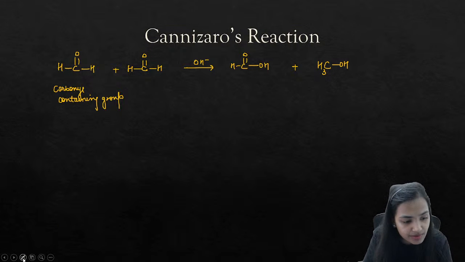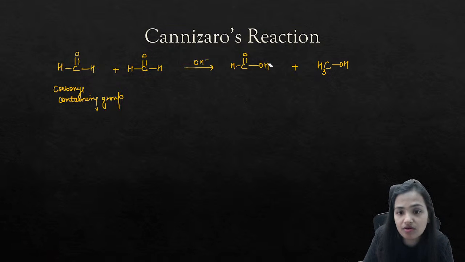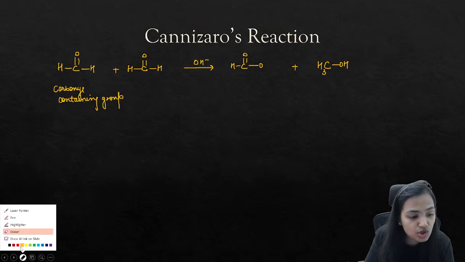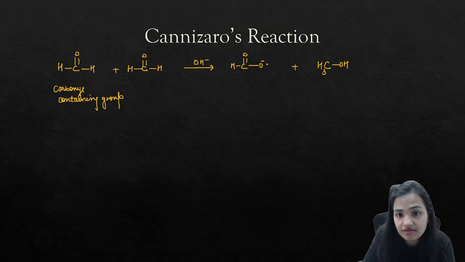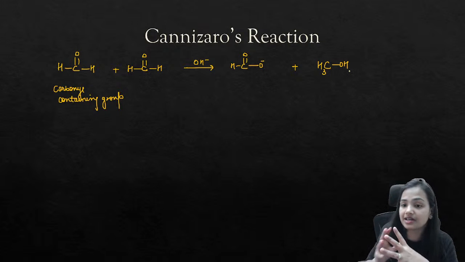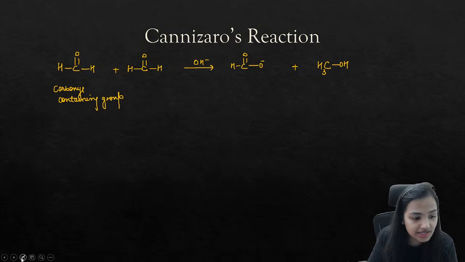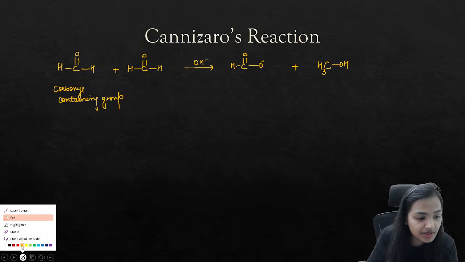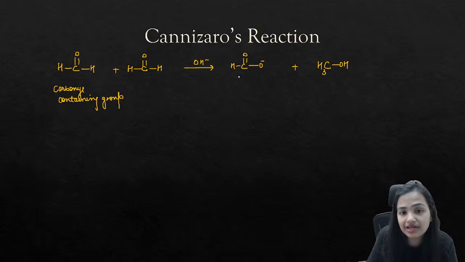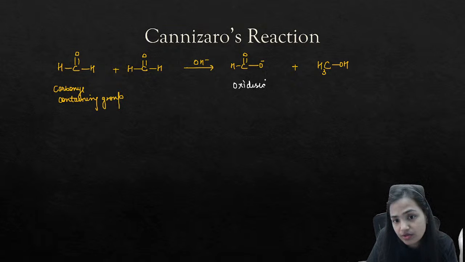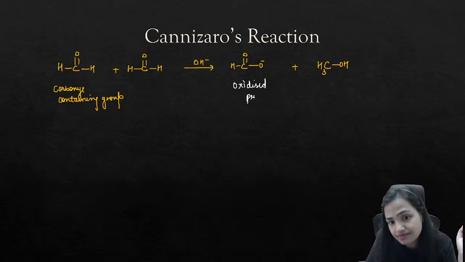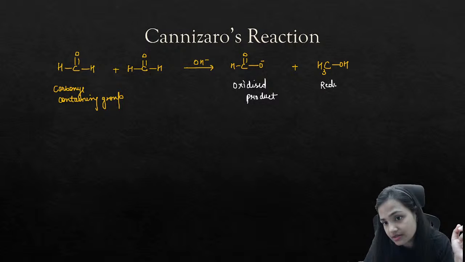To be very precise, we will focus on one thing: we are getting the salt of the carboxylic acid, and this will be the alcohol. So basically if you look at this carbonyl containing group, which is the aldehyde or ketone, you will see that here we are getting this as the oxidized product, and this is going to be the reduced product.